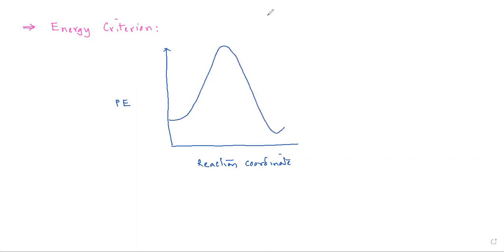This is where the reactants are placed, and this is where we got our products. You know, the energy of reactants is greater than the energy of the products, so this of course is exothermic.